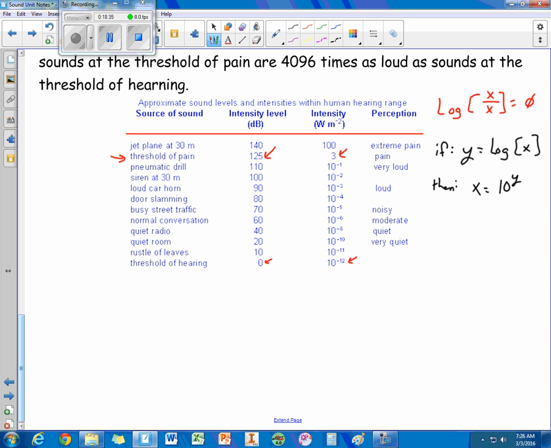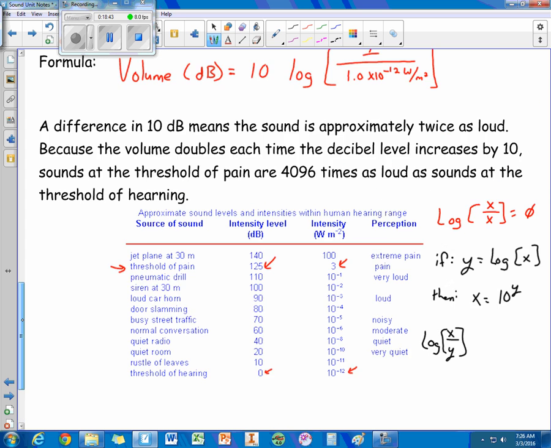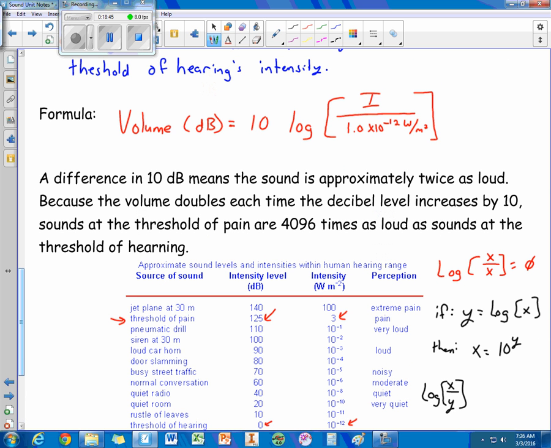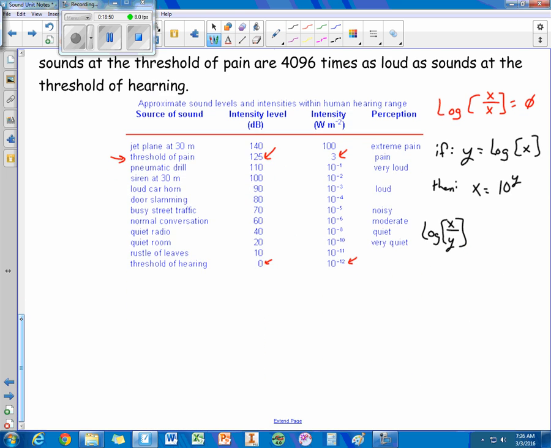Another thing, if you have log of x divided by y, which if you look at our model, we do. Our model is like an x over a y. Then this would equal log of x minus log of y. So that's a handy one. There's also a log of x times y. That would equal log of x plus log of y.